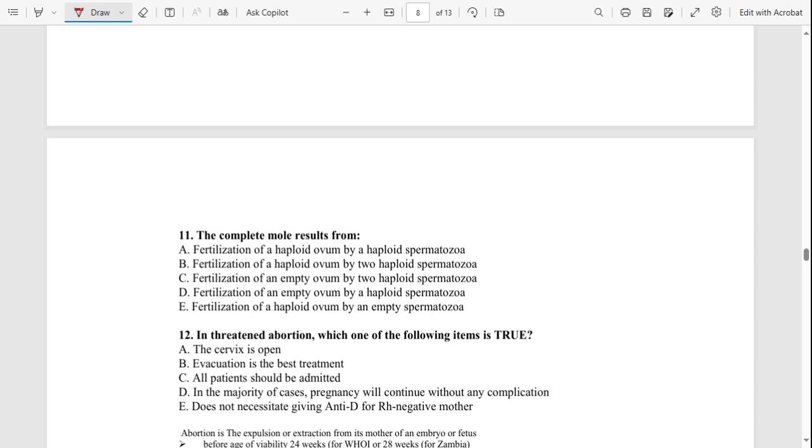What do we think of for that one? Anyone to help? Okay, so the doc thinks C. How about others? Would you want to explain?